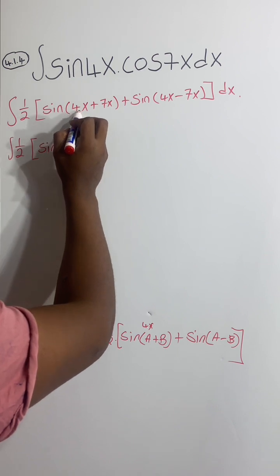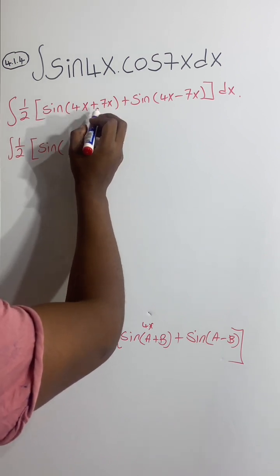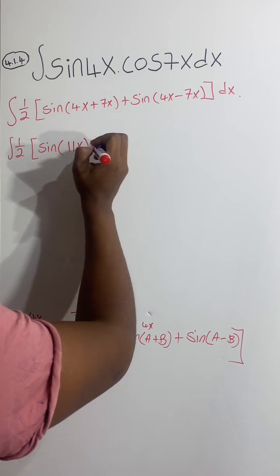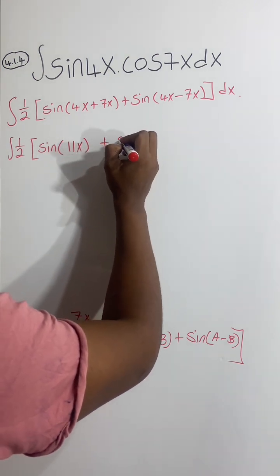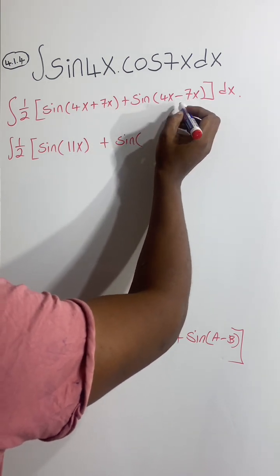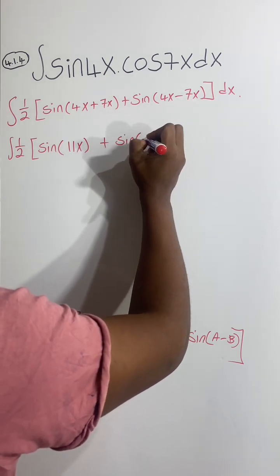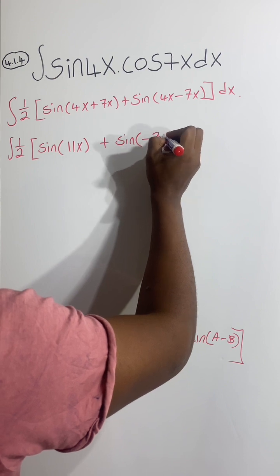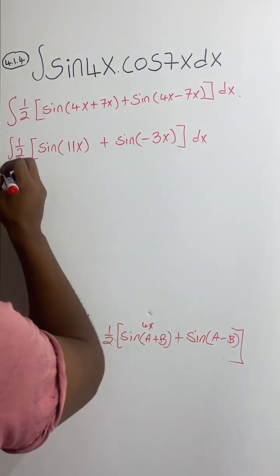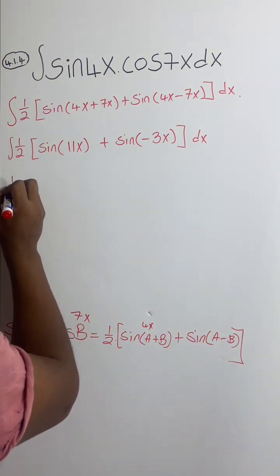Sine 4x plus 7x is equal to 11x, and 4x minus 7x is equal to negative 3x dx.